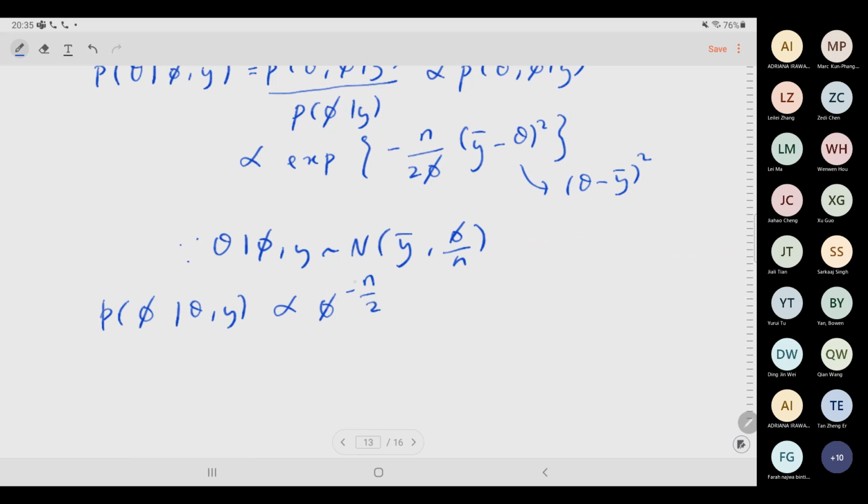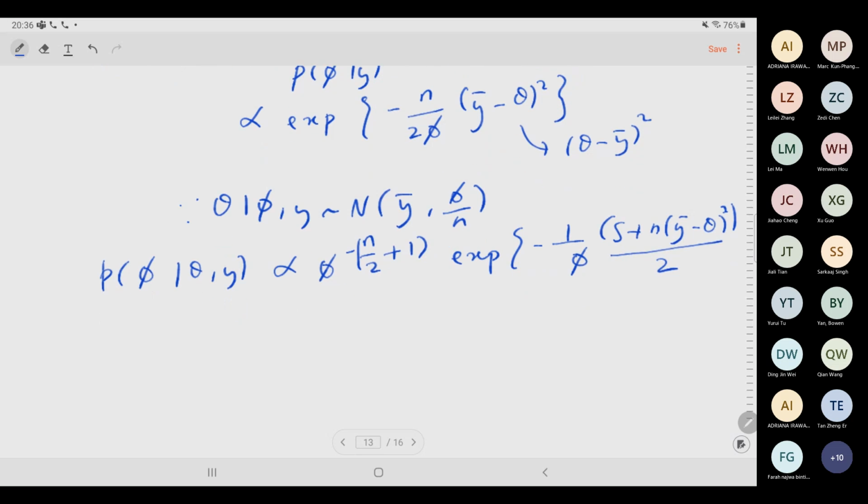But if you put here plus 1, then you have the exponential of minus s plus n times y bar minus theta squared over 2.